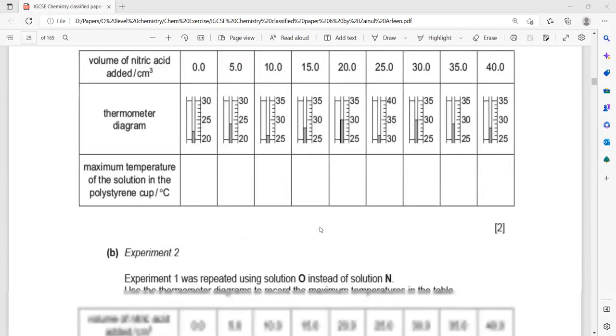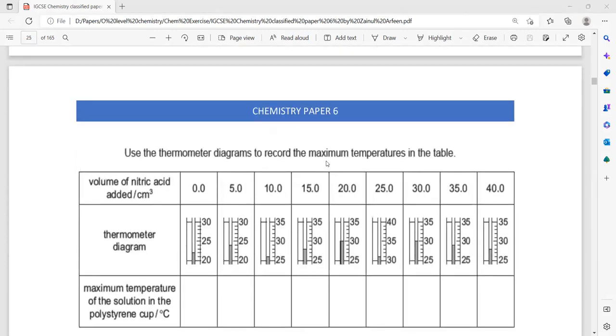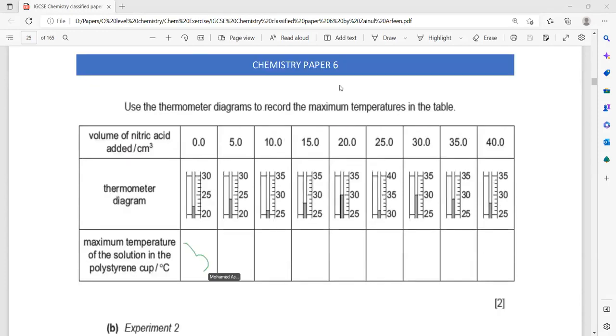Use the thermometer diagram to record the maximum temperature. You can use a screen annotation to complete this. What are the maximum temperatures? Read the thermometer reading and state the maximum temperatures.